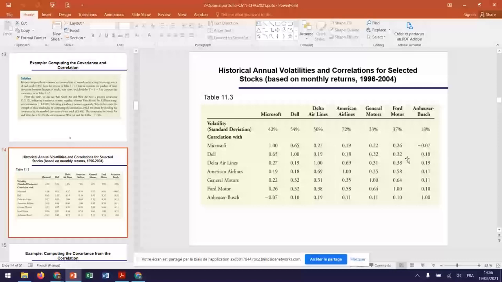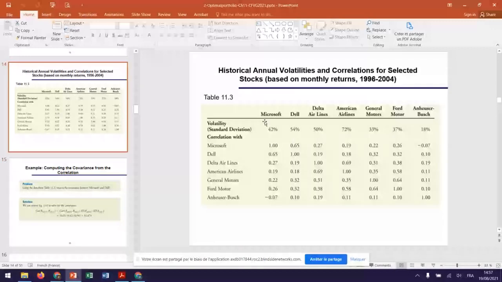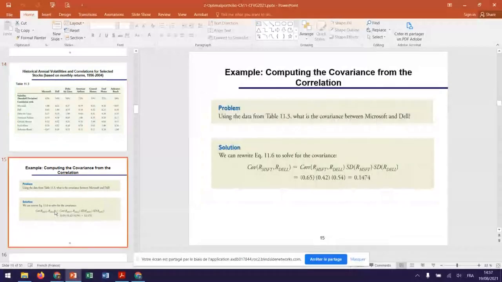Let's go and calculate with the real data of these US stocks together. For example, if I want to know the covariance of Microsoft and Dell, I have the correlation and standard deviation of the two stocks. I would like to calculate the covariance because after I know the covariance, I can calculate the correlation, or vice versa. The question asks, what is the covariance of Microsoft and Dell?